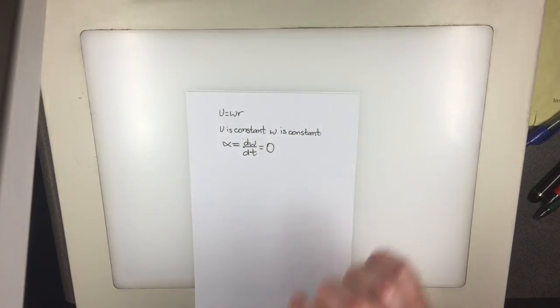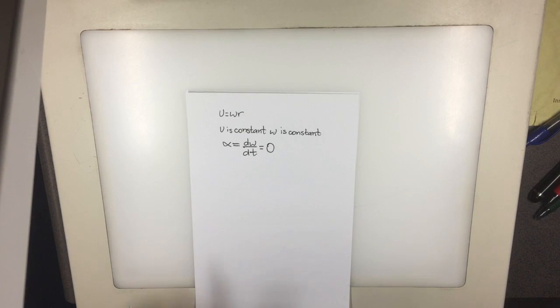If omega is constant, its change with respect to time is 0, therefore alpha is 0. All Fisher-Fury problems since the beginning of the Fisher-Fury era, alpha has always been 0. If you've got a Fisher-Fury problem on your test on Wednesday, that alpha is 0. But I'd like for you to go through the motions and explain why. So that's alpha.